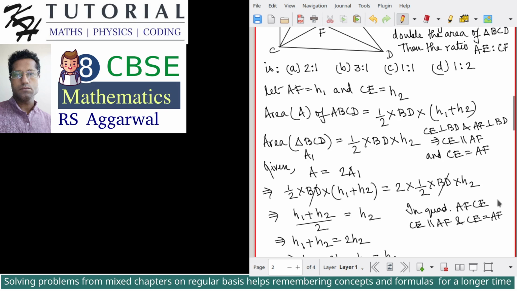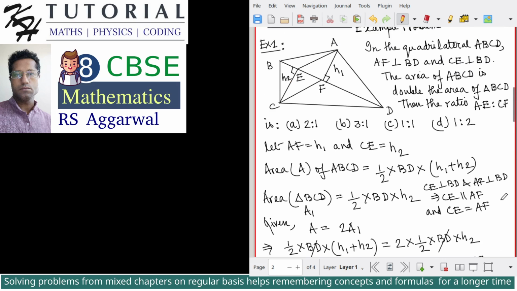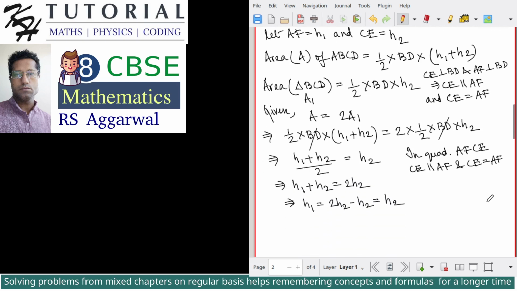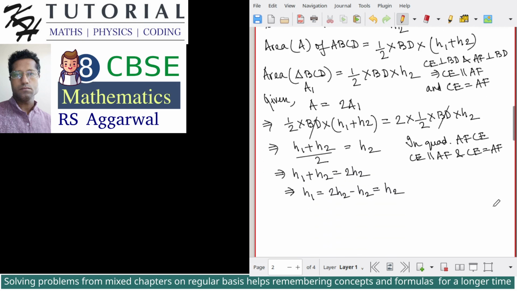That is, one pair of opposite sides CE and AF are both parallel and equal. We know that in a quadrilateral, if one pair of opposite sides are both parallel and equal, it will be a parallelogram.